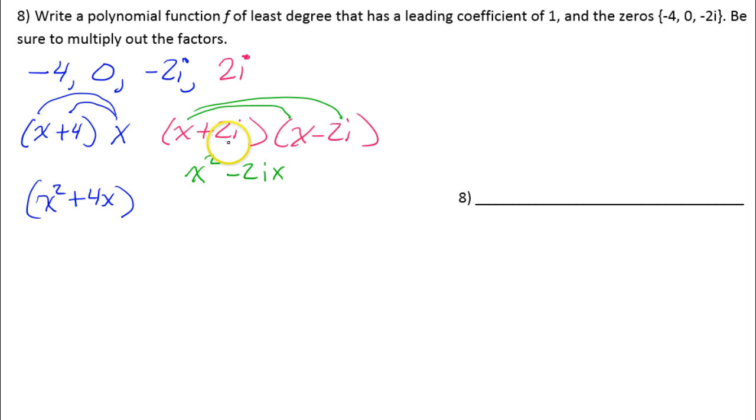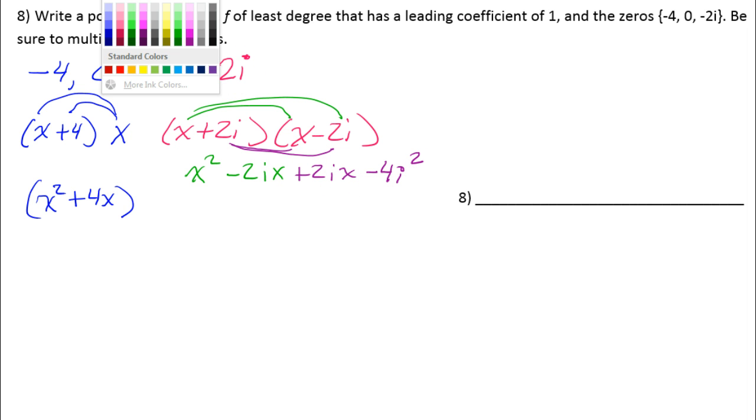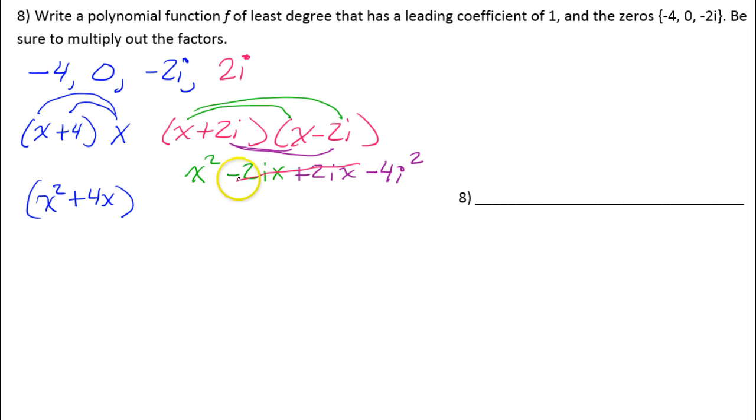If I distribute the positive 2i, that's going to give me positive 2ix. And 2 times negative 2, so that'll be negative 4. And then i times i, so that's i squared. Now these are going to cancel each other out.